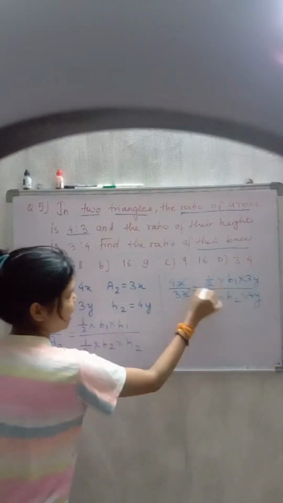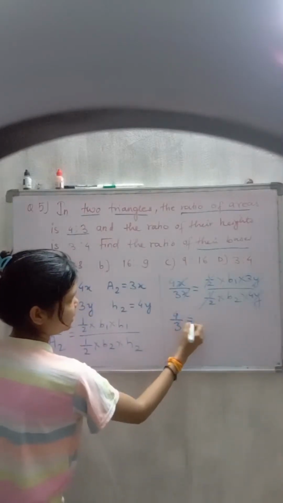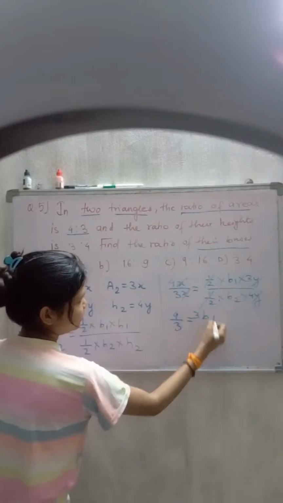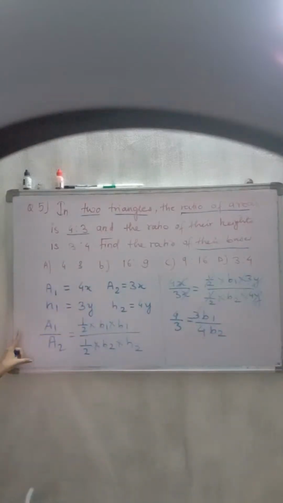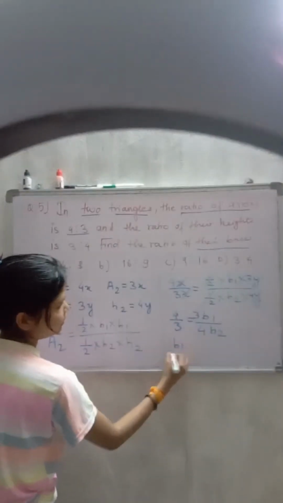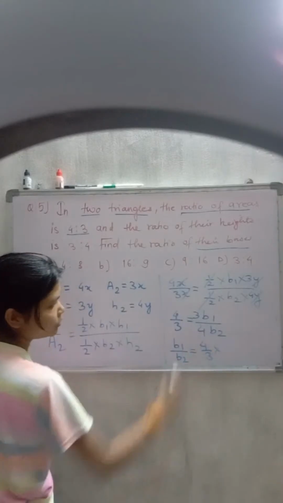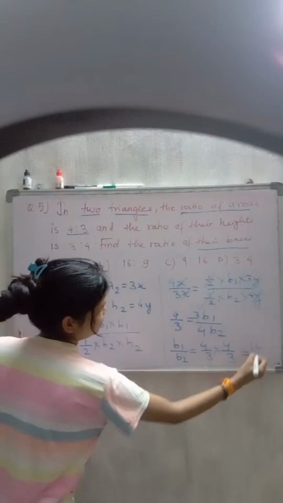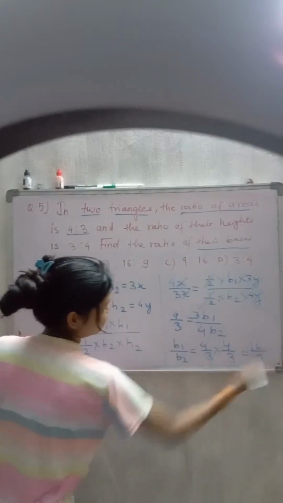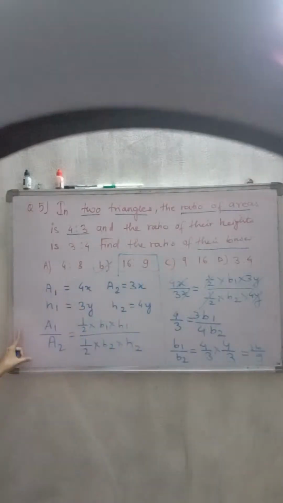X will get cancelled, half cancels out, y cancels out. So 4 by 3 equal to 3b1 by 4b2, and we want the ratio of bases. So b1 by b2 equal to 4 by 3 into 4 by 3, which is 4 fours are 16 by 9. So the ratio will be 16 is to 9. Option B is the correct answer.